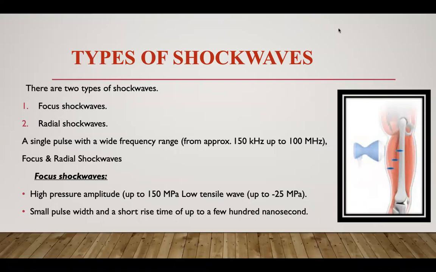Small pulse width and a short rise time of up to a few nanoseconds. The focused shock wave is shown in the figure that you can see on the screen.